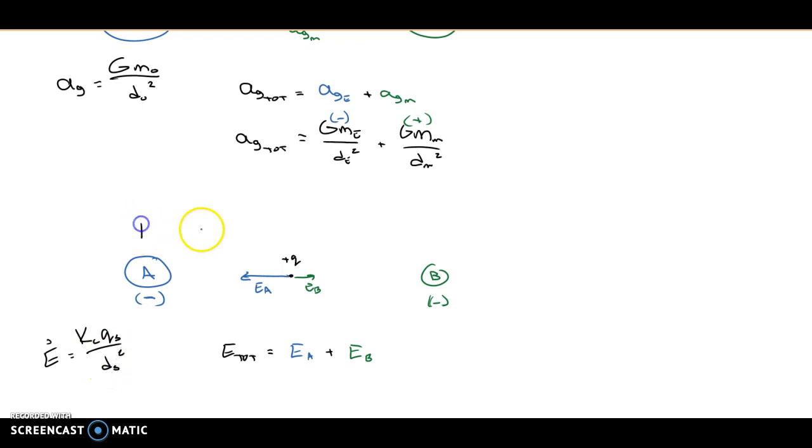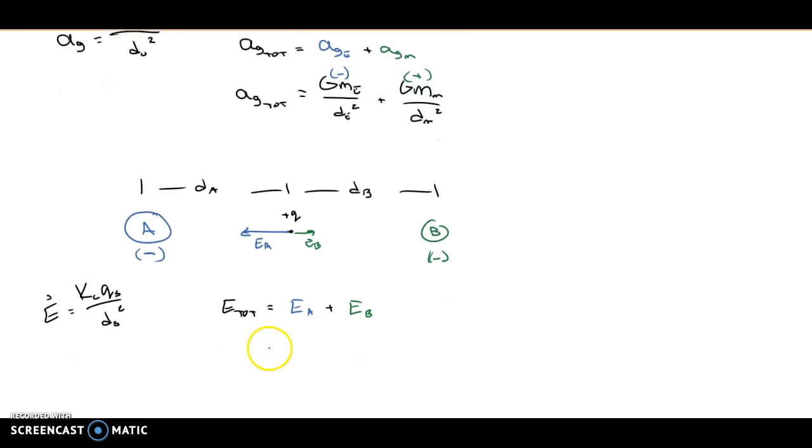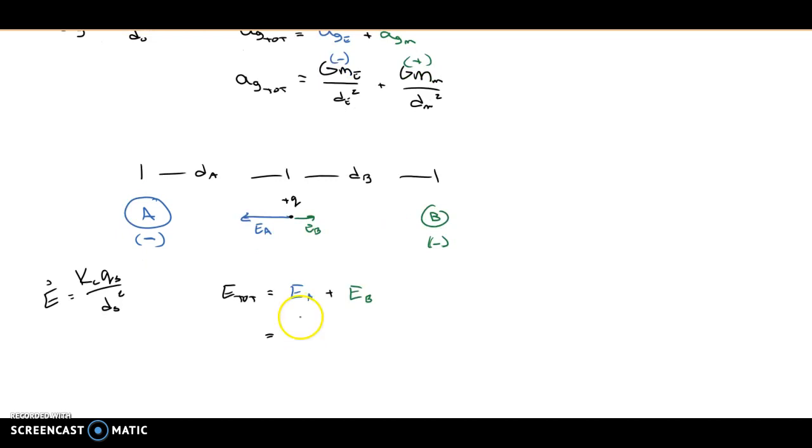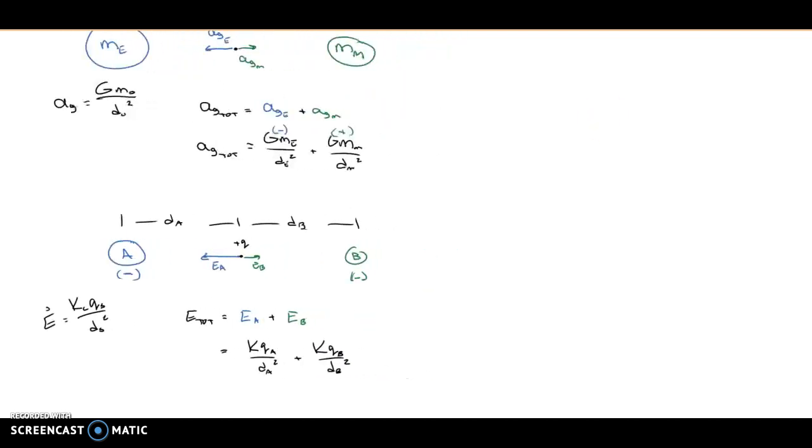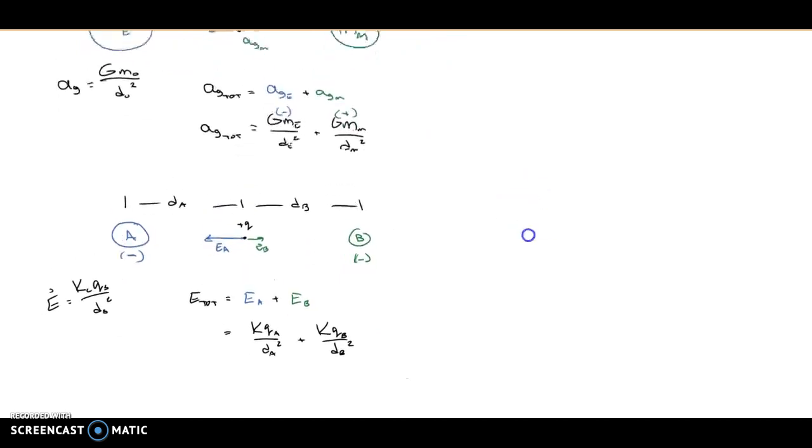So again, if I designate this is the distance to A, and this is the distance to B, then when I plug in, I'm going to have K, the charge of A over the distance to A squared, plus K, the charge of B over the distance to B squared. And just like what we talked about with gravity, we're going to plug in values.